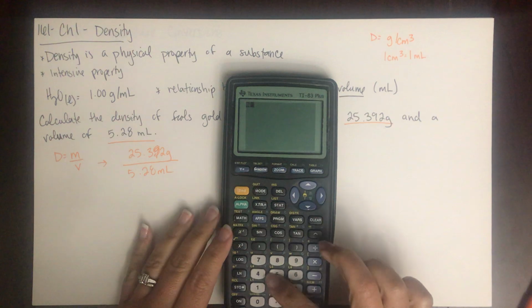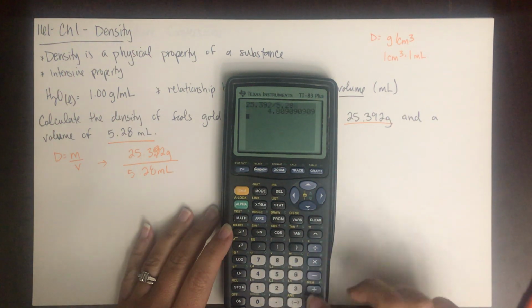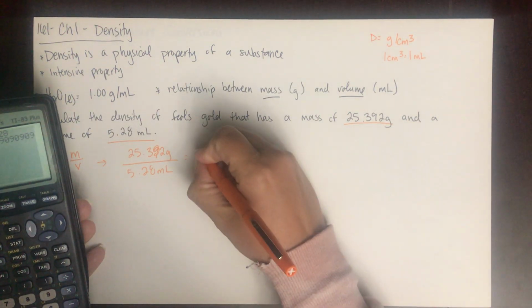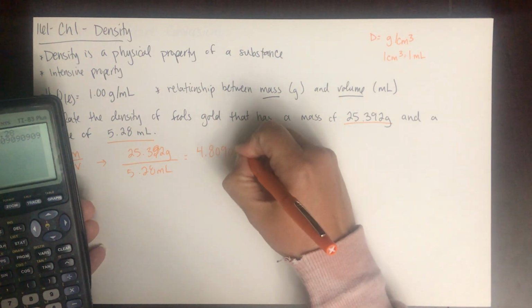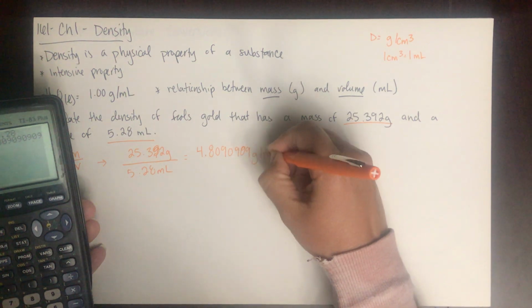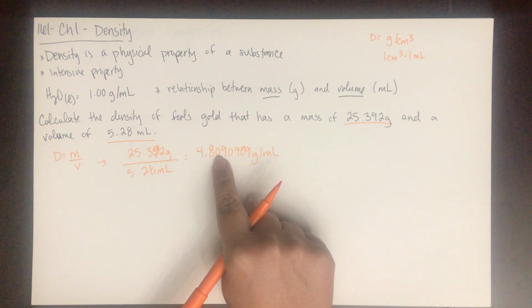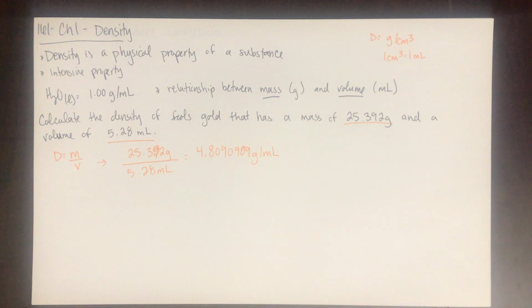So 25.392 divided by 5.28, we're going to get 4.8090909 grams per milliliter. If this was a question on an exam and you gave me this answer, you would lose a point, because even though the math is right and the unit is right, the number of significant figures is not right.